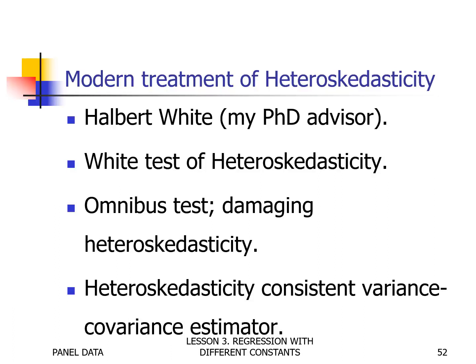This is an omnibus test that checks for any damaging heteroskedasticity that may be in the data and in the model. And he proposes a heteroskedasticity consistent variance covariance matrix estimator, and based on that he can propose estimation and inference that makes sense even in the presence of heteroskedasticity.